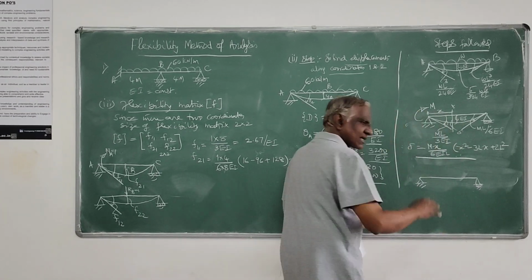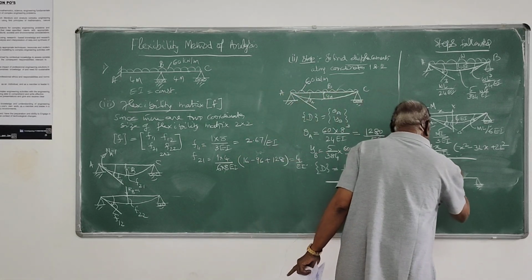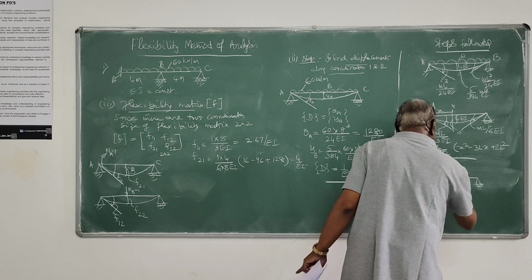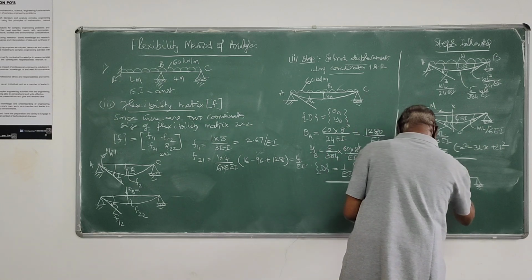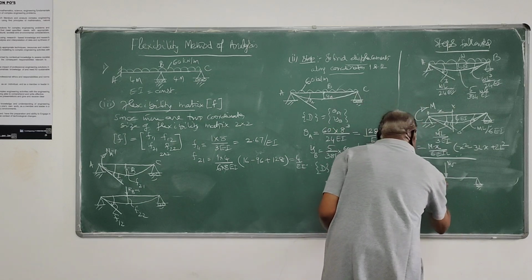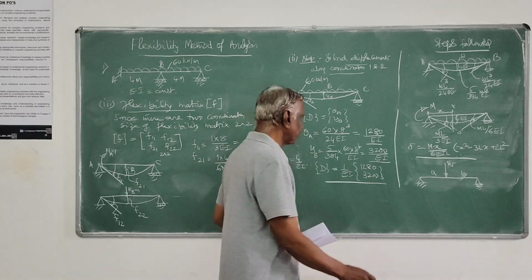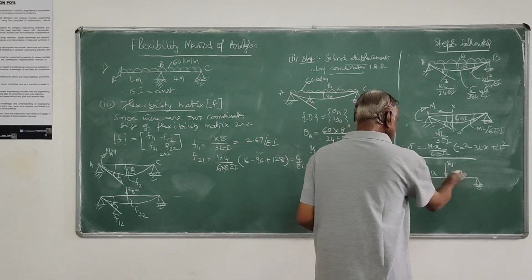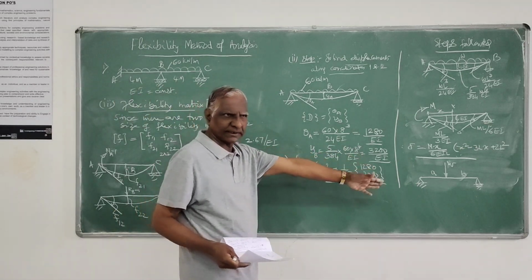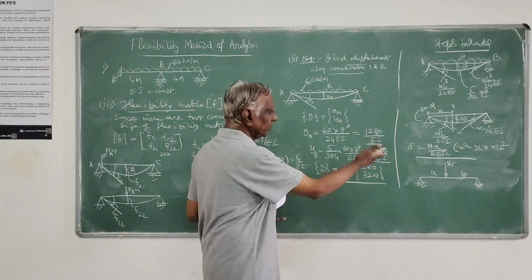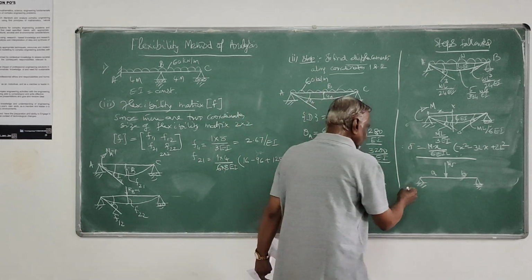These 3 or 4 cases you can remember straight away before going for the exam, and there won't be any problem. If you have a load P or W at a distance A from the left hand, and a distance B from the right hand, I will give you a general loading case at A and B. If you put A equals B equals L by 2, then it reduces to a concentrated load at the center.